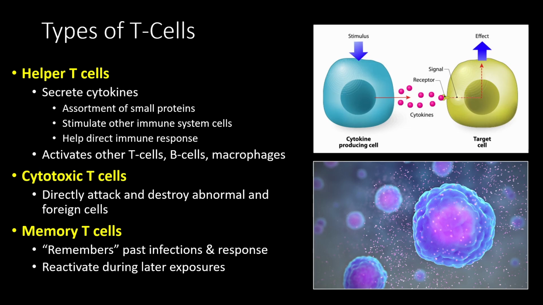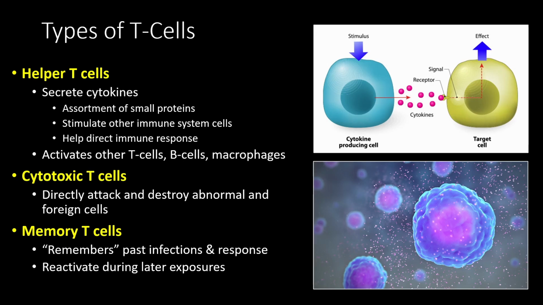You also have cytotoxic T cells. These are called killer T cells also. So these are very direct search and destroy, attack and destroy for these abnormally behaving cells. This includes foreign cells, but it can also be our own cells that are misbehaving. Oftentimes, our killer T cells are very involved in helping us clean up cancer. Memory T cells are the T cell variant of the memory B cell.